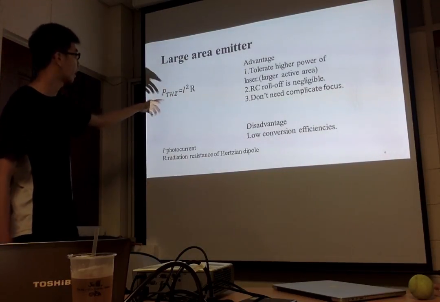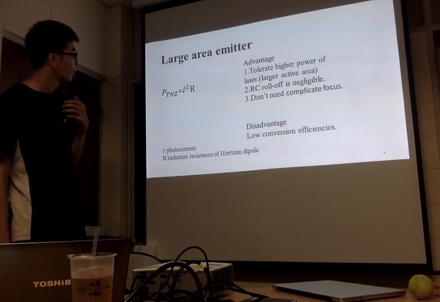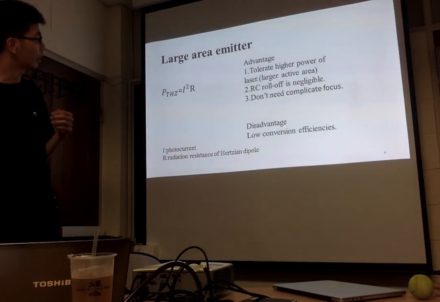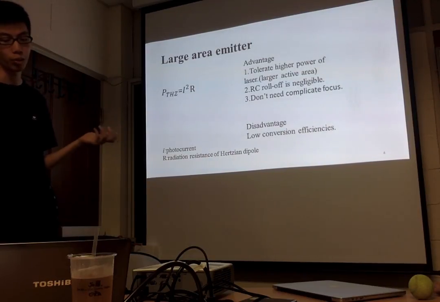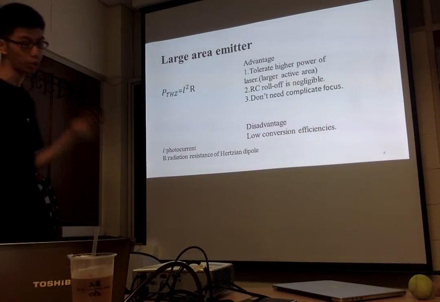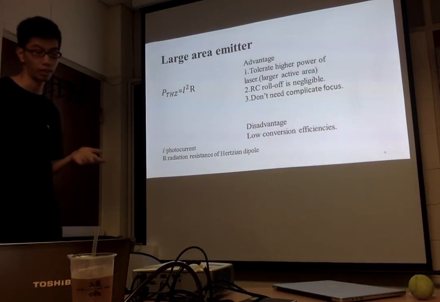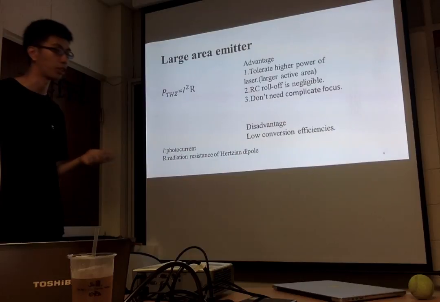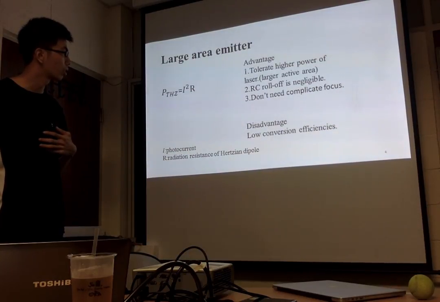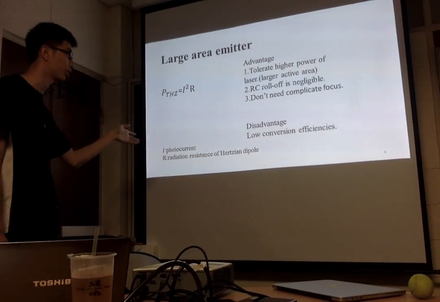The R is the radiation resistance of the Hertzian dipole, and frequencies beyond the terahertz range, and RC is no longer a limiting factor for the large area emitter because of the small radiation resistance.